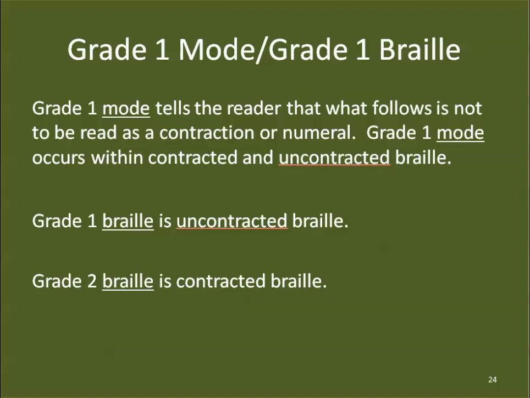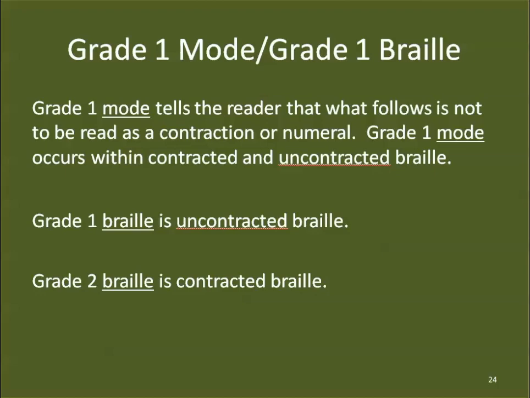The other English-speaking countries, remember UEB is an international code, didn't necessarily adopt that policy. They were still calling it grade 1 and grade 2. And since the United States came on board with UEB rather late in the game, we didn't get to say that's confusing for us to call this mode grade 1 mode because it means something else to us. So we are stuck calling it grade 1 mode.